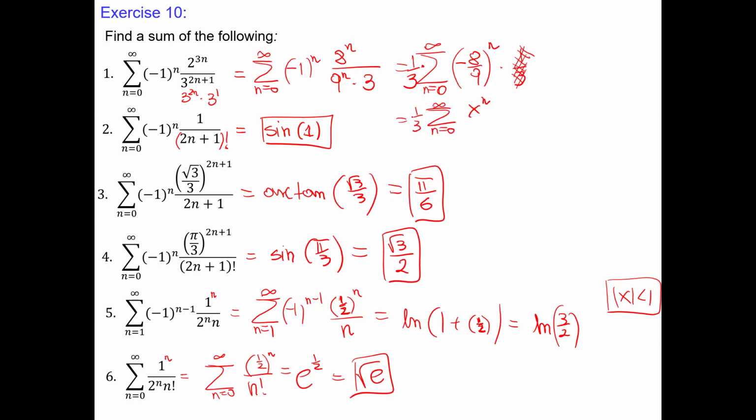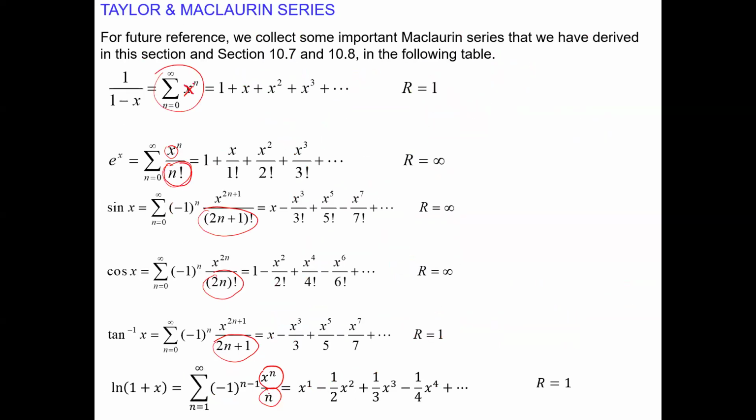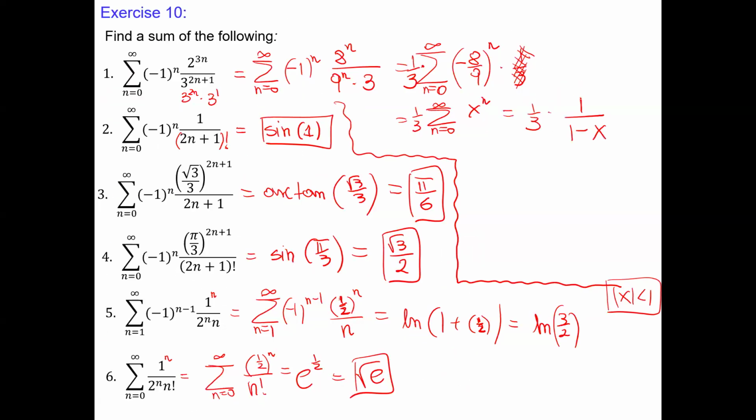Okay, 1/3. Let me divide this. Okay, x to the power of n, and copy that 1/3, 1 over 1 minus x. We can see that if it's x, the entire quantity to the power of n, this is the rational function, 1 over 1 minus x, only of course if x is between -1 and 1.